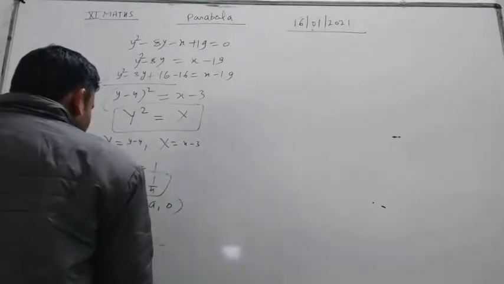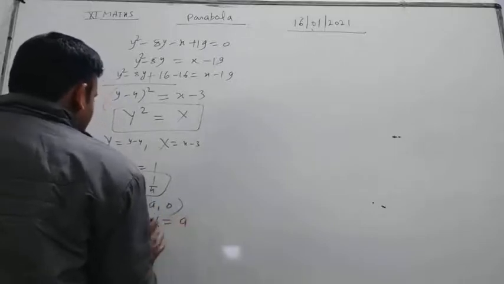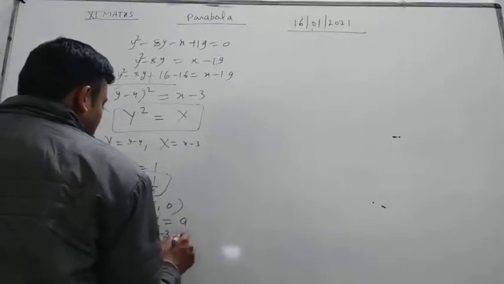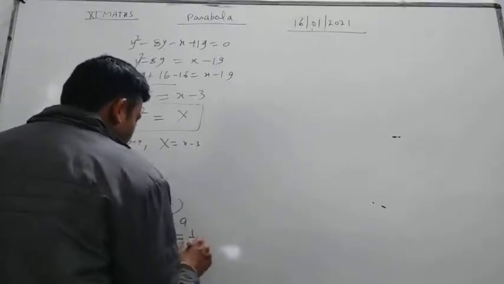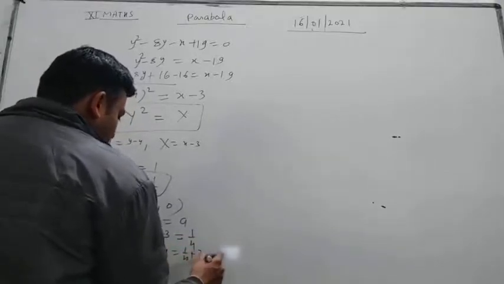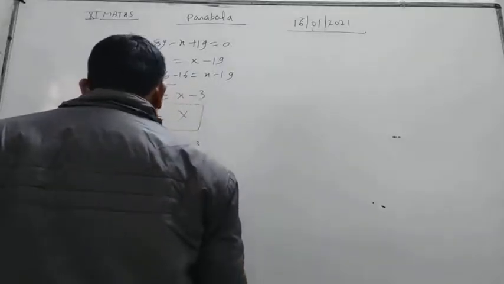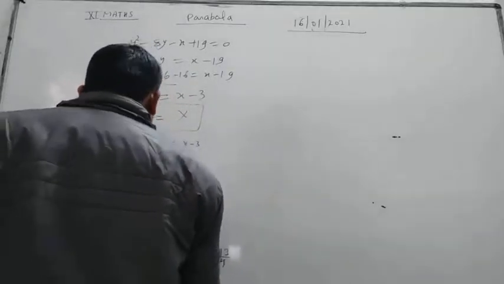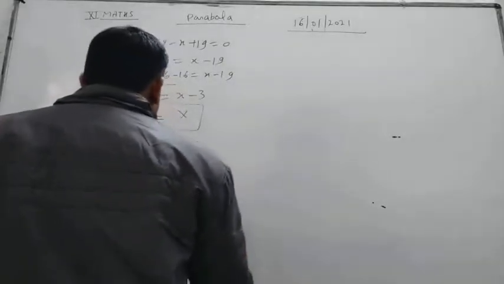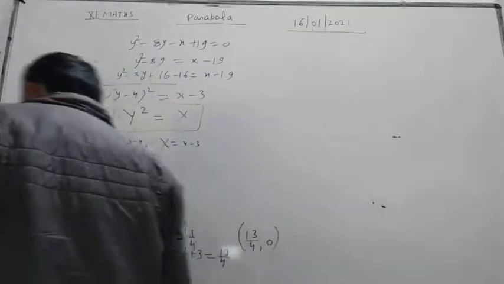Okay, so our capital X is equal to a, so x minus 3 is 1 by 4, so our x is equal to 1 by 4 plus 3, 3 fours are 12, and 1 is 13 by 4. Okay, and so our focus is student 13 by 4 comma 0.